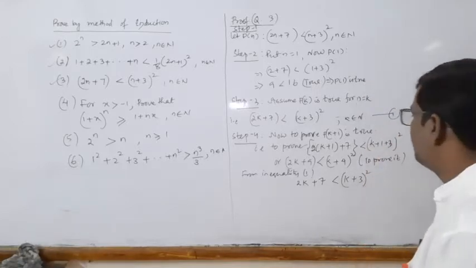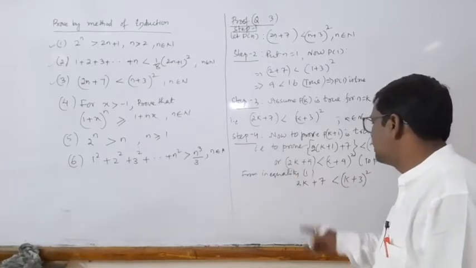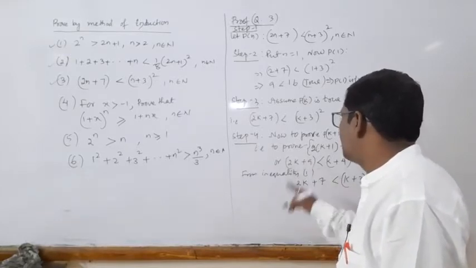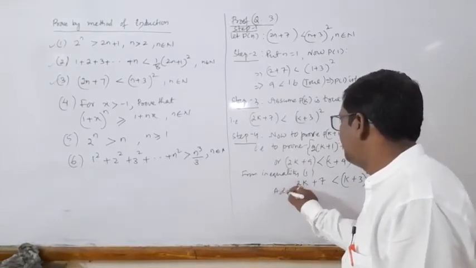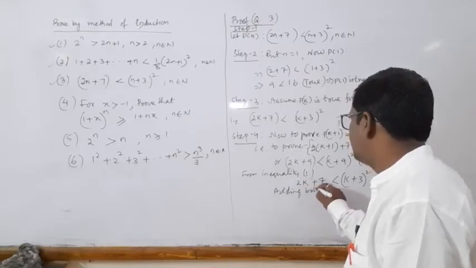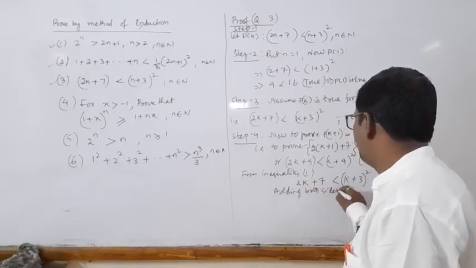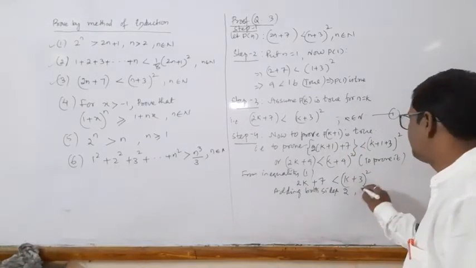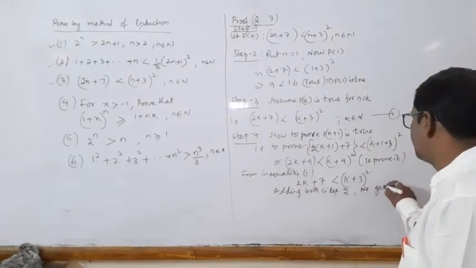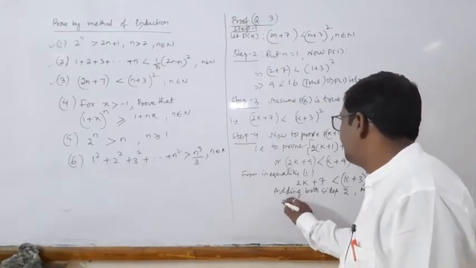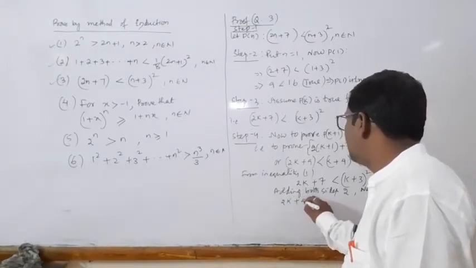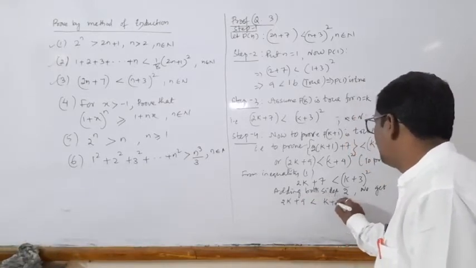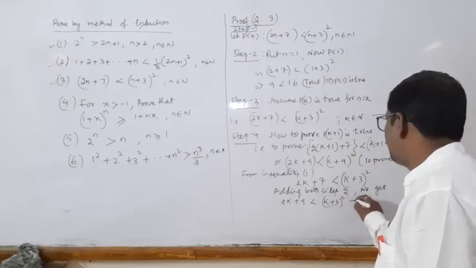Now the requirement is 2k plus 9. So adding 2 to both sides, we get 2k plus 9 less than (k plus 3) whole square plus 2.